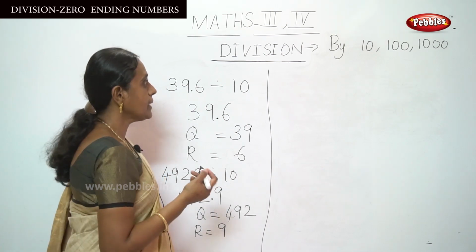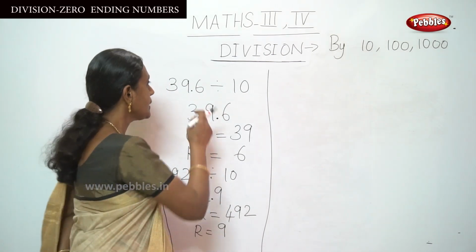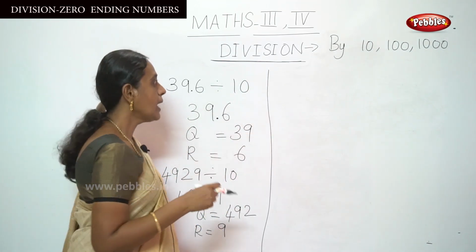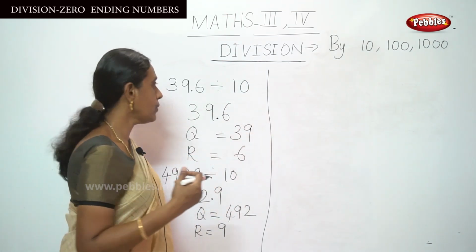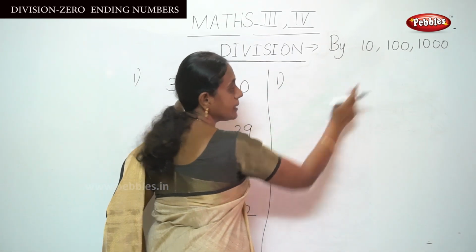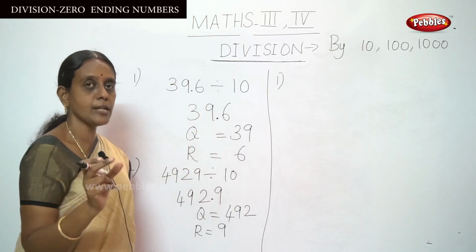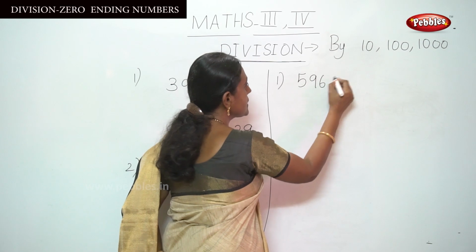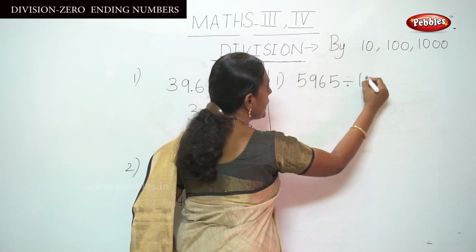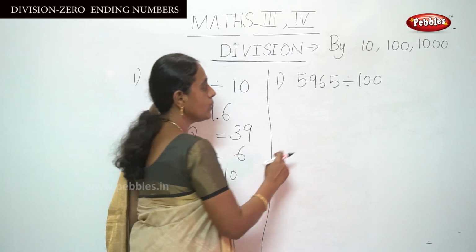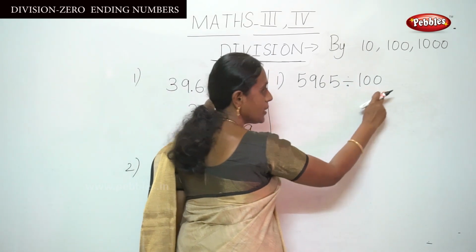Okay, let me do the next number, that is a number divided by 100 and 1000. Next sum, division by 100. And that is 5965 divided by 100. Okay, so now you should count the number of zeros here.